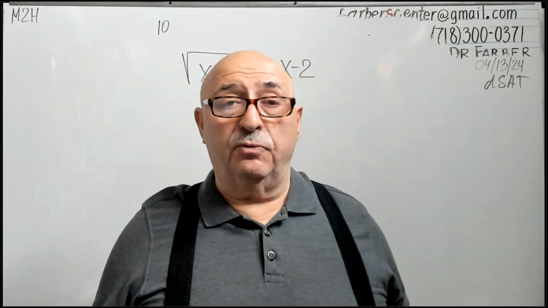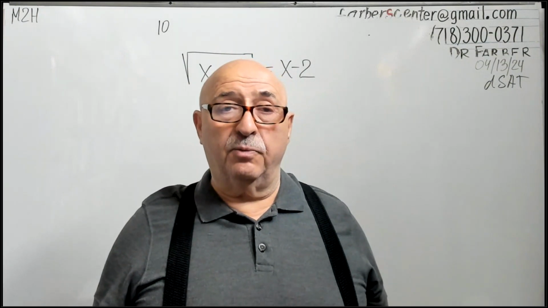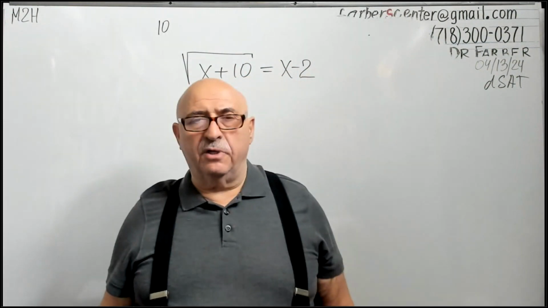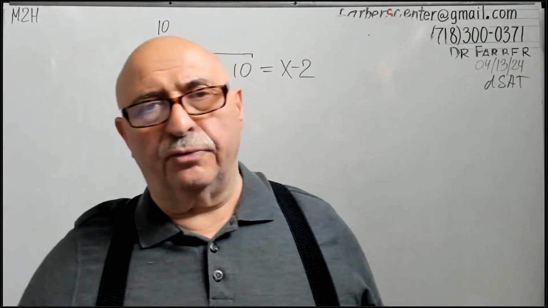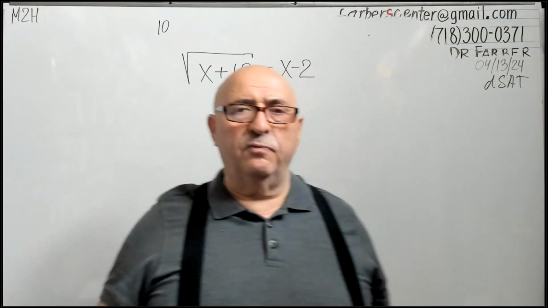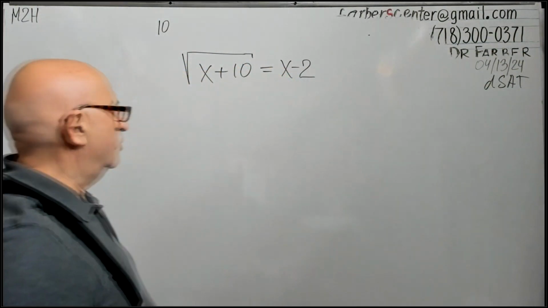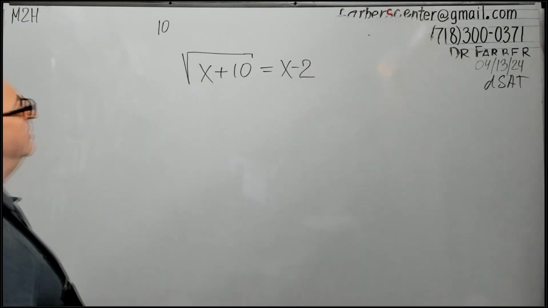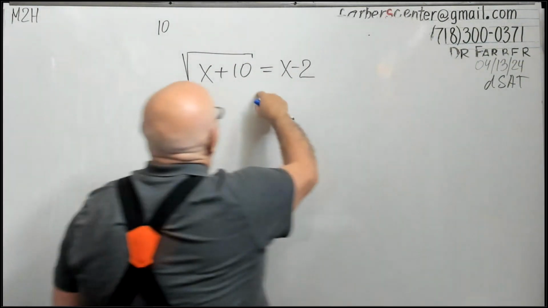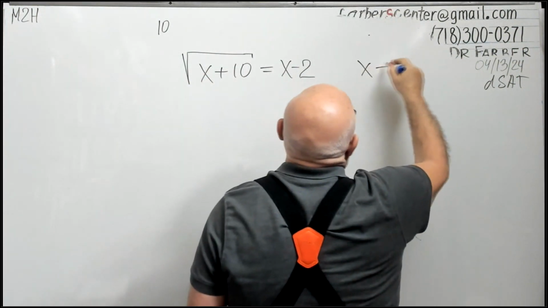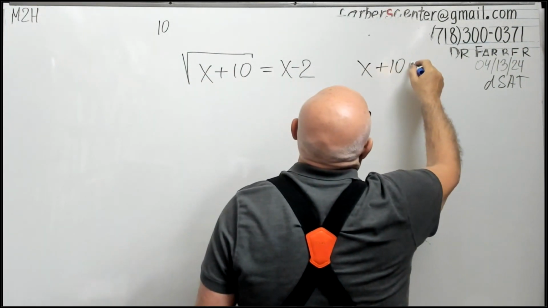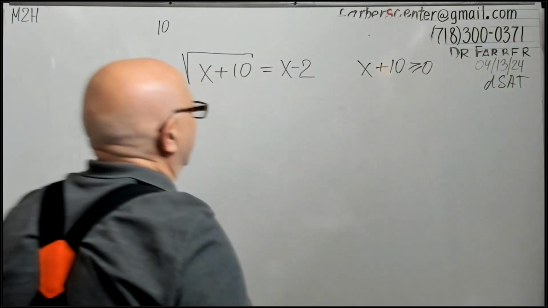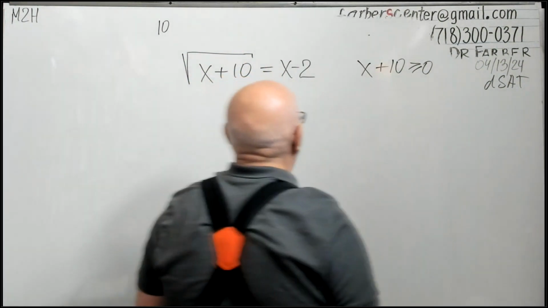When you solve an irrational equation, usually we get rid of radicals by putting both parts to the second power. The danger is that you can get extraneous solutions, which do not belong to this equation, but to a derivative equation. So when you solve this, you have to find the domain. For instance, under the radical, x plus 10 is supposed to be greater than or equal to 0, because in real numbers you cannot take a radical of a negative.